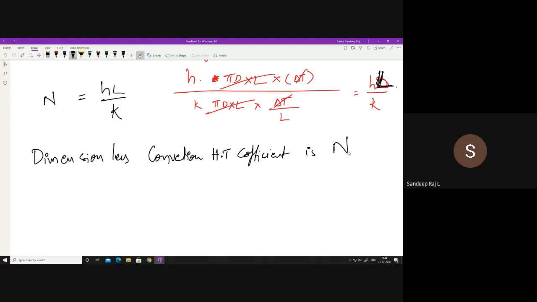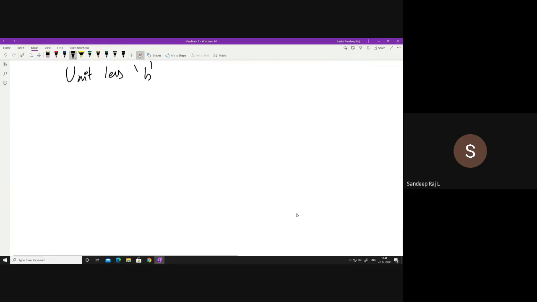Nusselt number is nothing but a dimensionless, unitless h. What I told you just now, that Reynolds number is a dimensionless velocity, and Nusselt number is a dimensionless h. That is the h story.